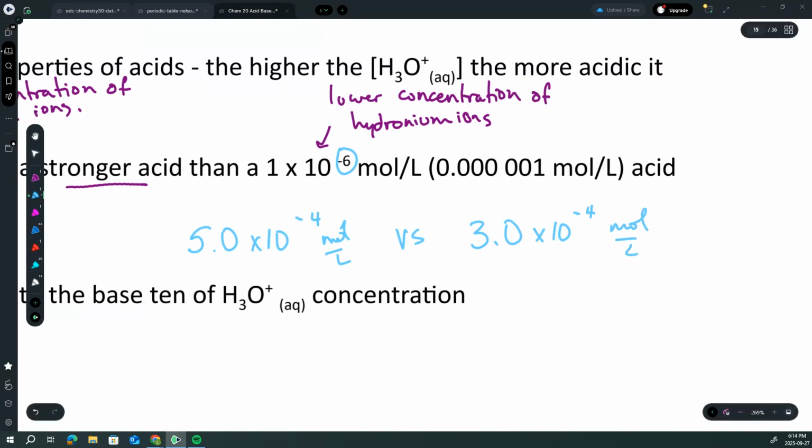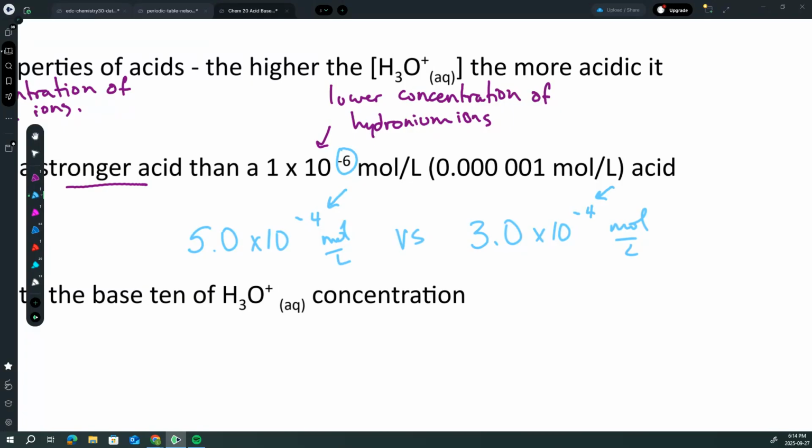Now we have to ask ourselves, what would be the bigger of these two numbers? The exponents are exactly the same, so we can't rely on that to tell us which solution has the bigger concentration of hydronium ions in this case.